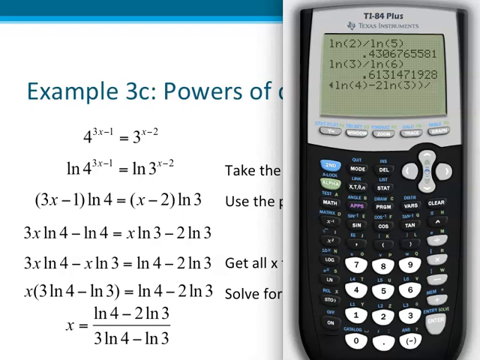And now in the denominator, I will again put this entire thing in parentheses. Hit enter. And our answer comes out to be about negative 0.265 or so.